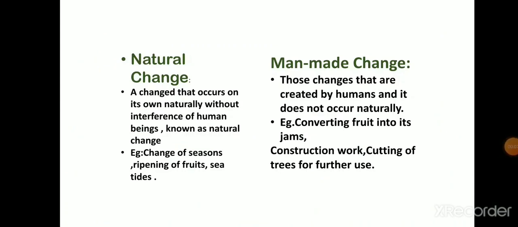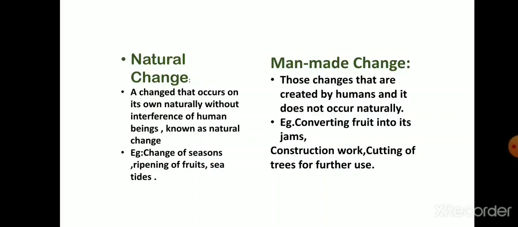So after performing the previous activity, can anyone define what is a natural change and what is a man-made change? Yes, exactly. A change that occurs on its own, naturally, without any role of human beings, is a natural change.